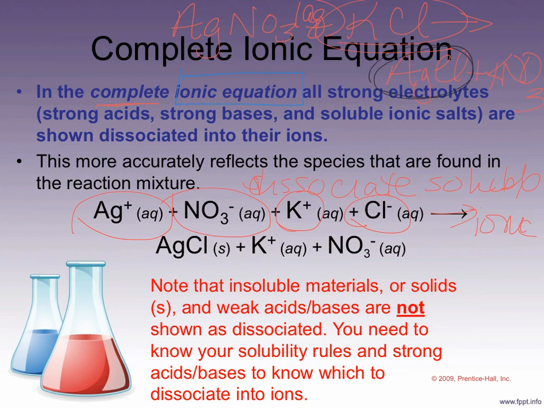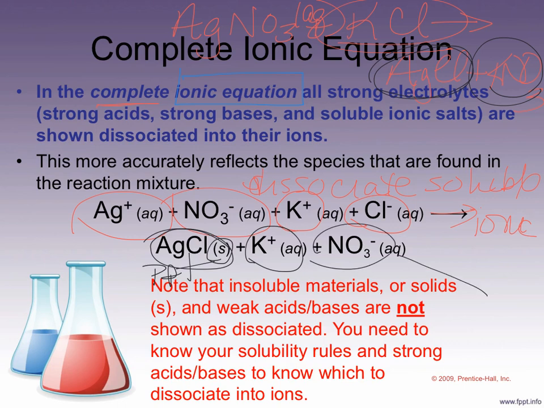Silver chloride is not soluble. It is a precipitate. So it doesn't dissolve, it doesn't dissociate into the ions, you keep it intact. The other product, potassium nitrate, is soluble, so you separate it into its ions. So this is the total or complete ionic equation.